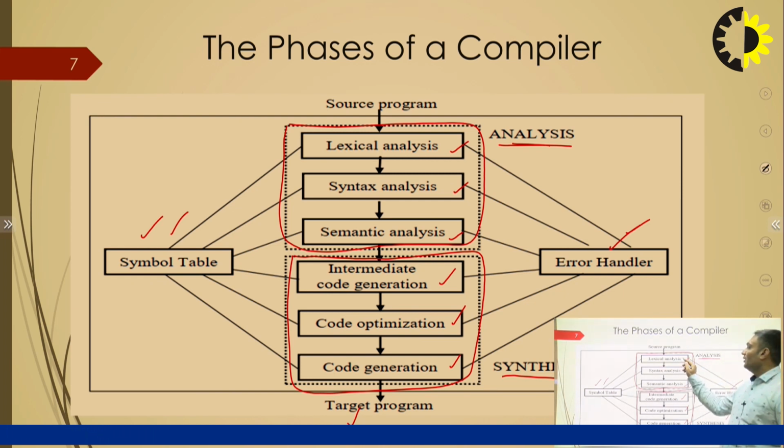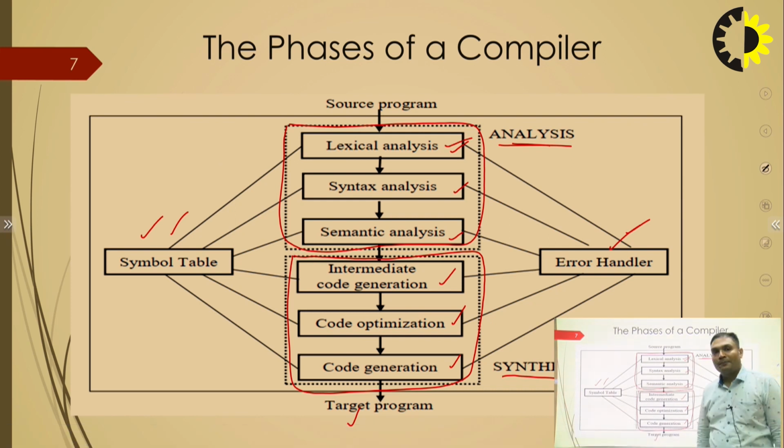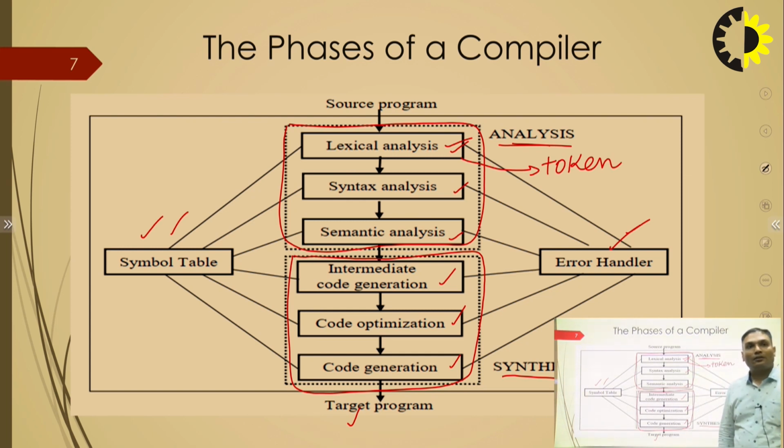So what is the job of the first phase? Lexical analysis just converts the source program into tokens. It reads the source program and converts it into tokens. Syntax analysis reads these tokens and converts them into the parse tree.